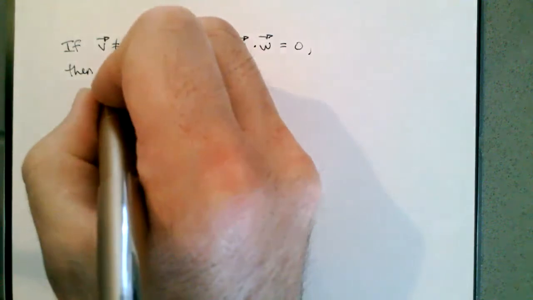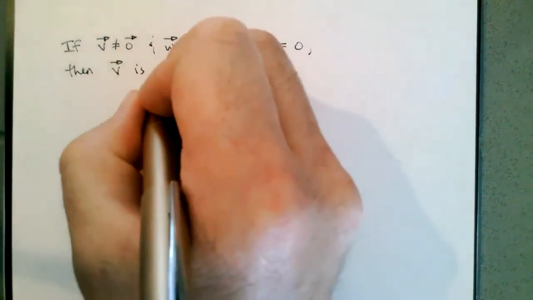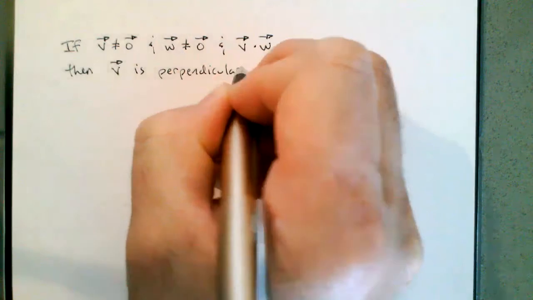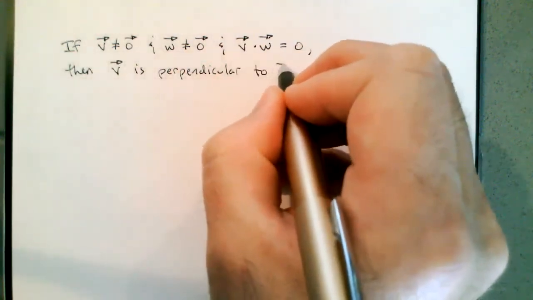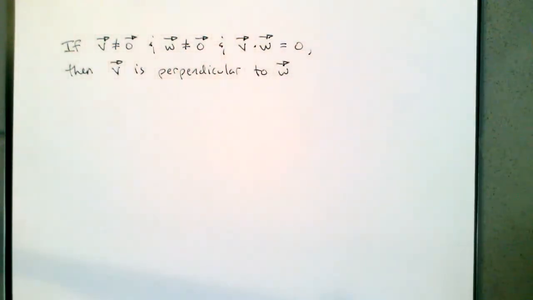Then v is perpendicular to w. Another word that we use for perpendicular is orthogonal.